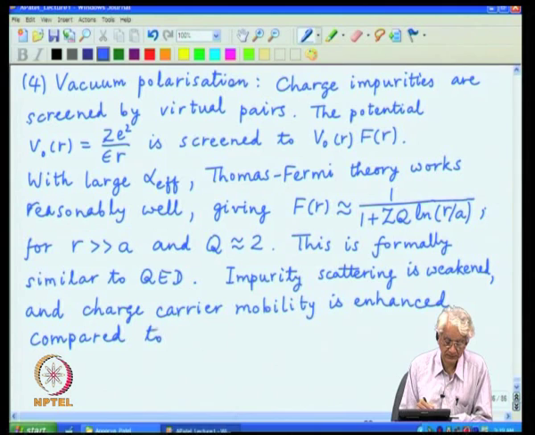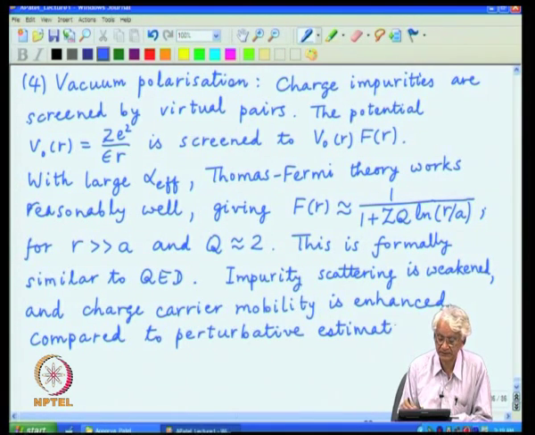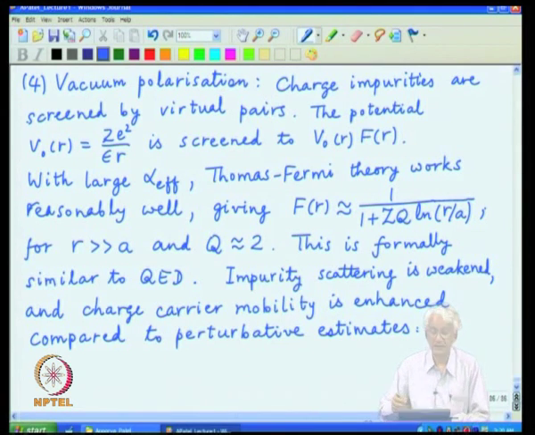And the standard power series expansion, if one does, they are the so-called perturbative estimates, and this effect is actually stronger compared to those perturbative estimates. The net result is that the scattering is suppressed and impurities do not do as much as naively one would have expected.